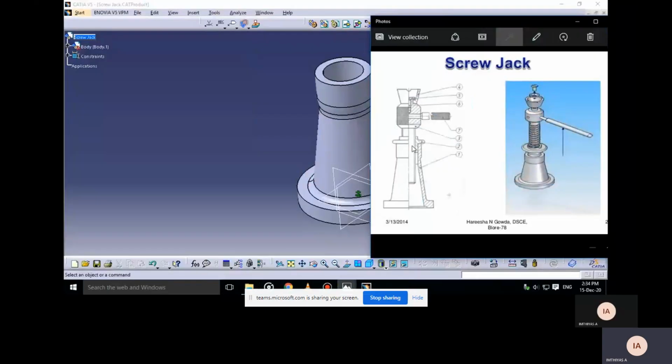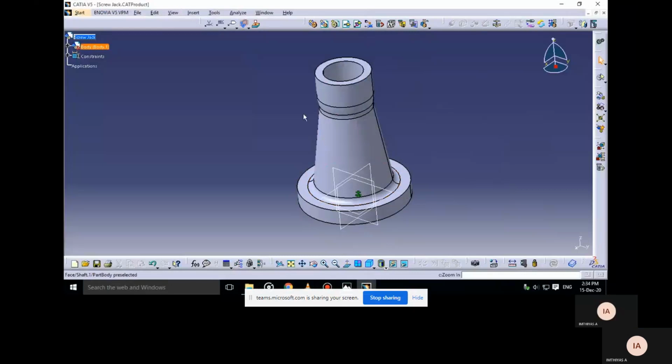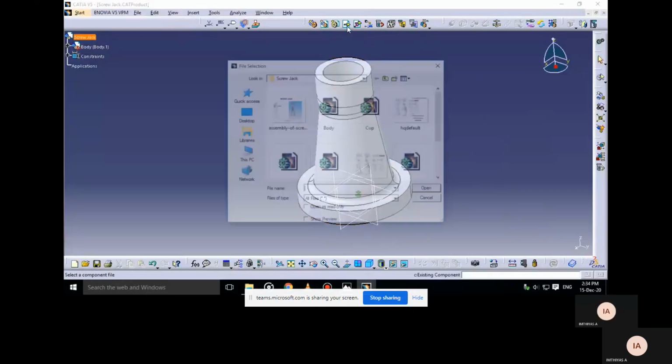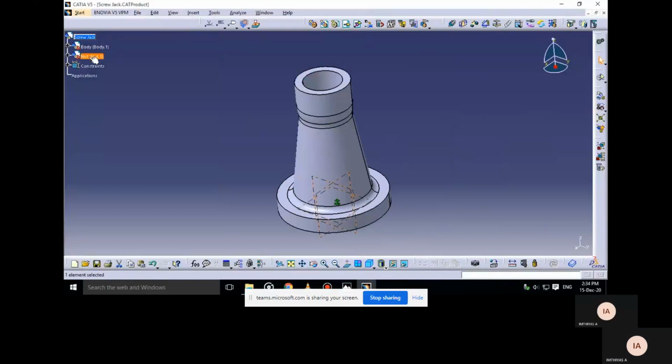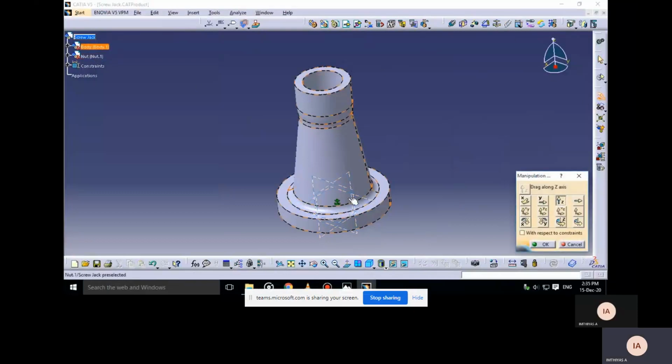The second part is the cup. There is the nut which has been fitted.